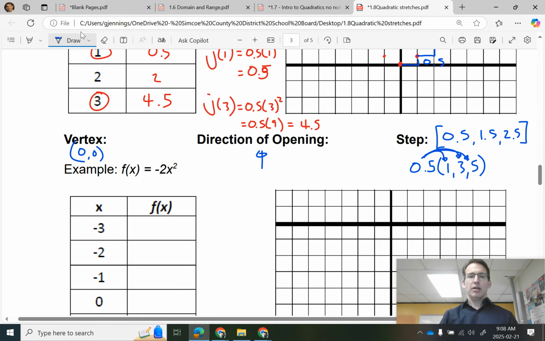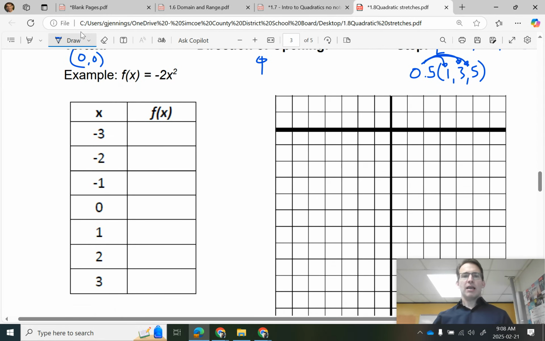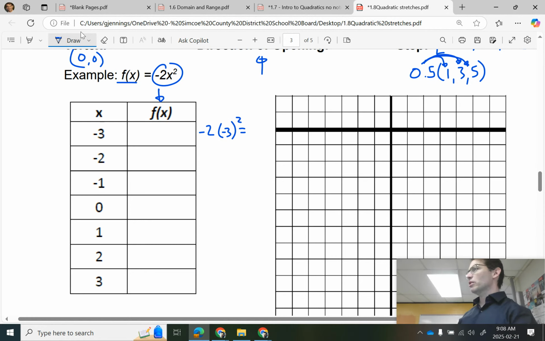Okay. So now if we look at, say, minus 2x squared, so now we have this new function, f of x is minus 2x squared. If I put in minus 2 times 3, but it's negative, squared, in this case, do I get positive 18 or negative 18? This time I get negative.